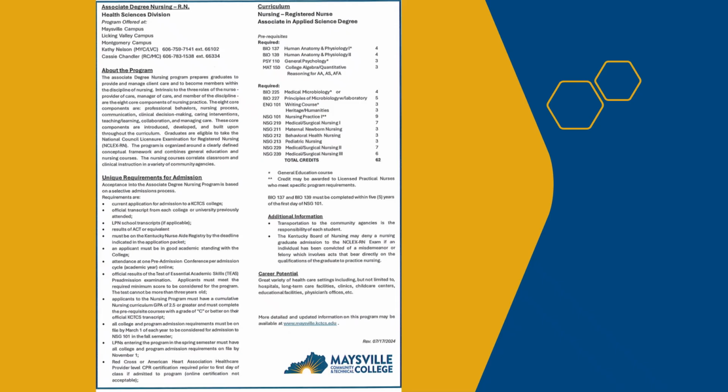We also have the curriculum on the right-hand side of the page, and some additional information such as you have to have your own transportation to the community agencies that we use, to the college, etc. And we'll talk about this, but the Kentucky Board of Nursing may deny a nursing graduate admission to take the test, to sit for the NCLEX exam, if the individual has been convicted of a misdemeanor or felony, and if it involves acts that bear directly to all the qualifications of the graduate to practice nursing. And then that talks about career potential.